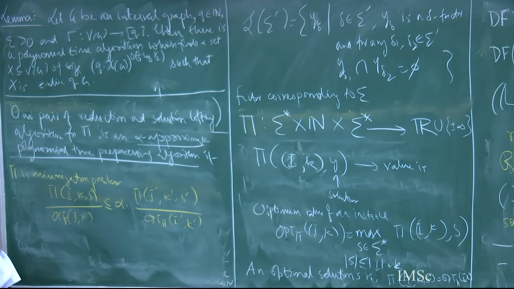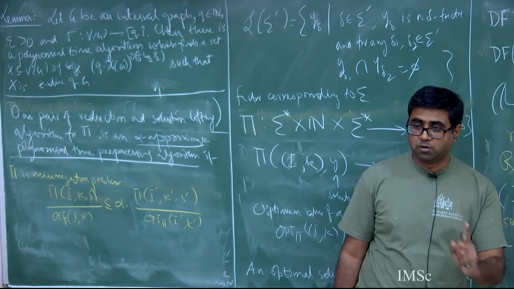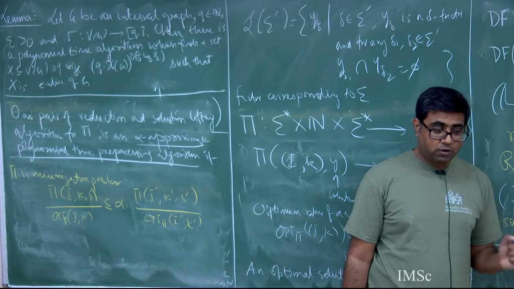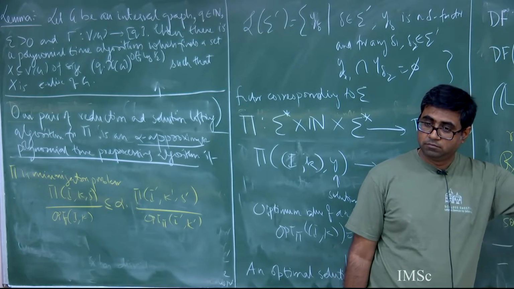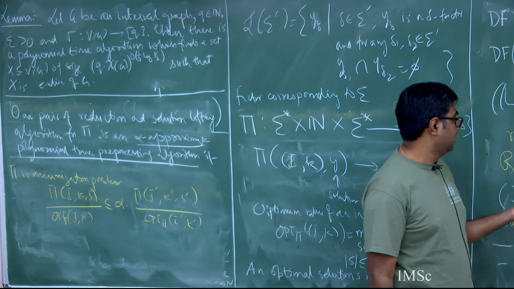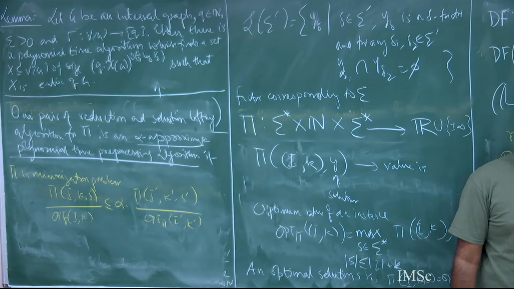In all my description up until now, I am only talking with respect to one problem. Pi is one optimization problem, okay. I could also have two different problems, pi and pi prime or pi star, and what does my reduction algorithm do? It takes an instance of pi, produces an instance of pi prime, right.